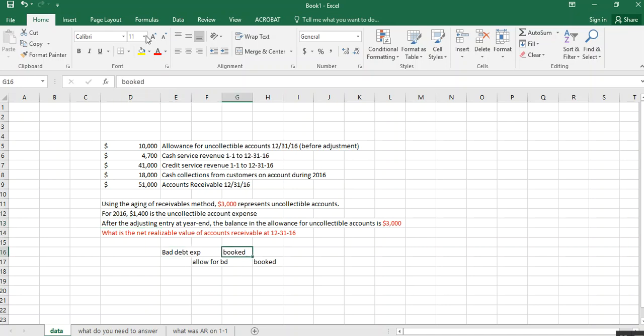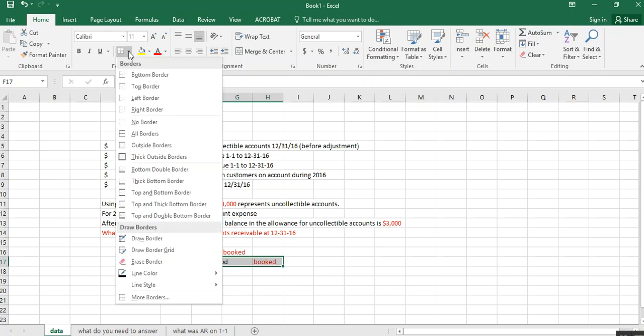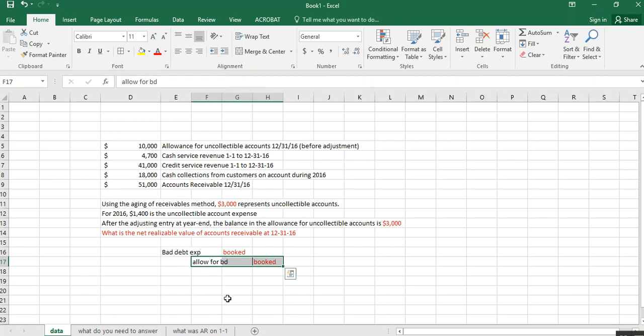So we booked something here. I don't want to get to the amount because it's confusing. And then we booked a certain amount to allowance for bad debt, and we filled this tank up until it reached what we needed, which was $3,000. Okay, we didn't book $3,000. We booked how much we needed to get to $3,000.